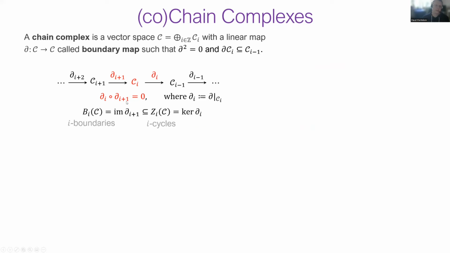And this allows us to consider the space of boundaries. For example, if we apply this map to this space, then we obtain the space of boundaries as images. And if we consider the kernel of this map, we obtain the space of cycles. And the quotient of these two groups is called the homology group.